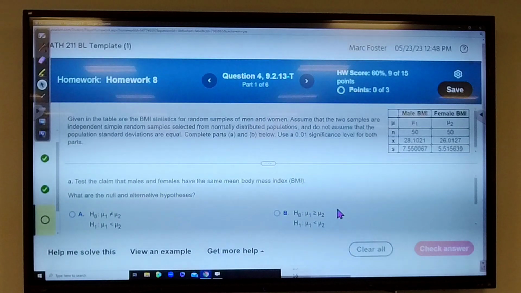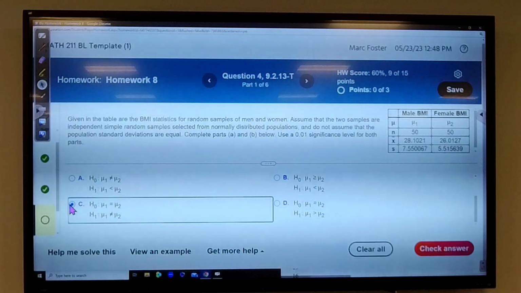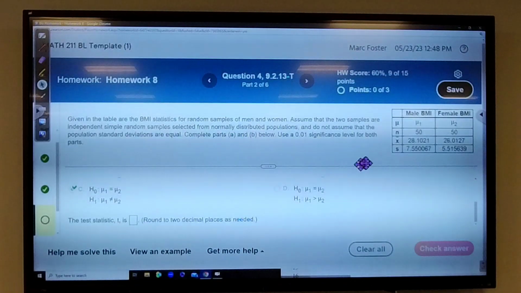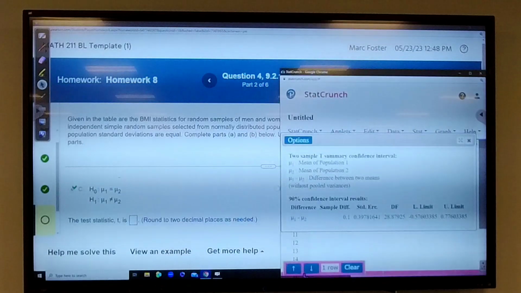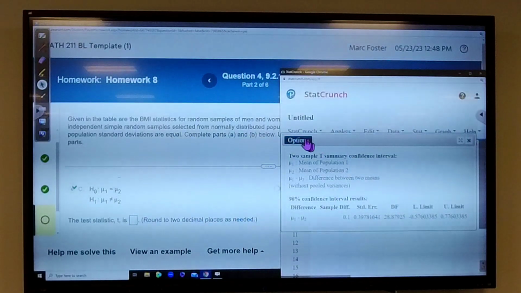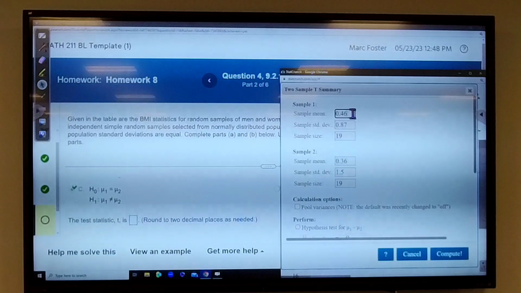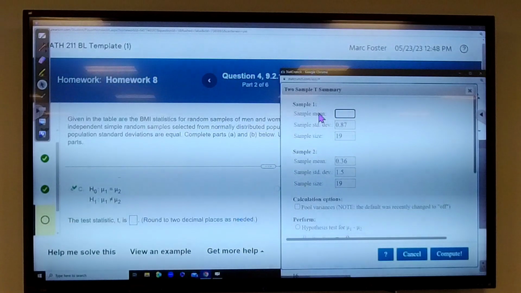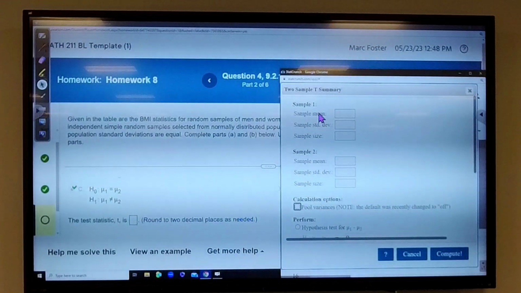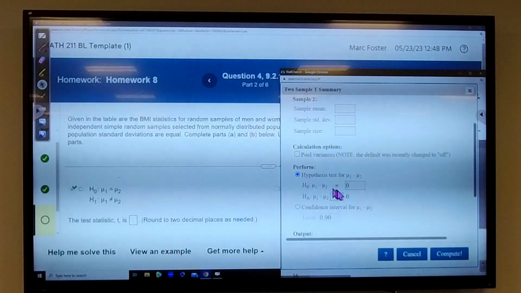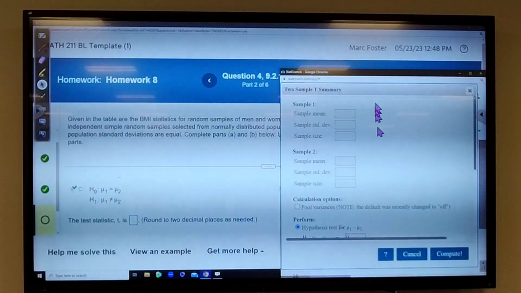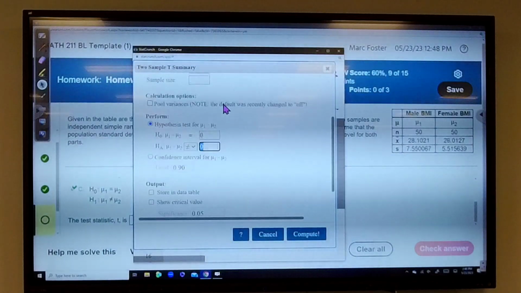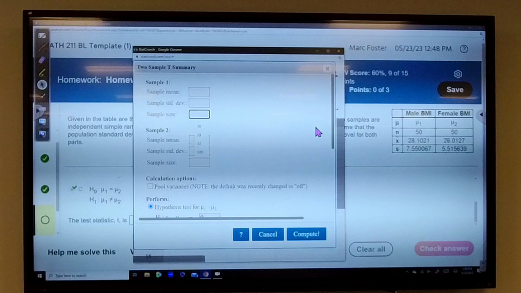So that would be a two-tailed test where the alternate hypothesis has mu1 different from mu2. When I do my two sample t-stats, put in these numbers. We have 50 of each group.